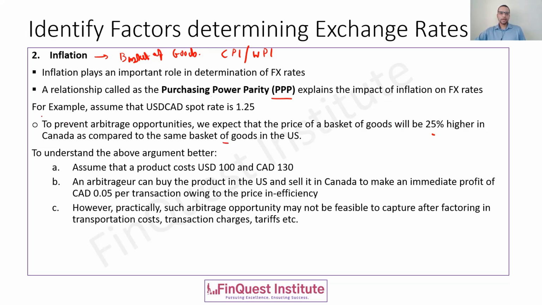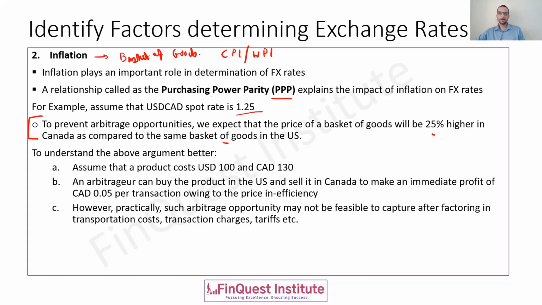Now, to understand this argument better, let's say a certain product costs $100 in America, and it costs 130 in Canada. A certain arbitrager could buy the product from the United States, and he or she could simultaneously sell it in Canada in order to make an immediate profit of 0.05, because of the spot exchange rate of 1.25 versus this product price difference.